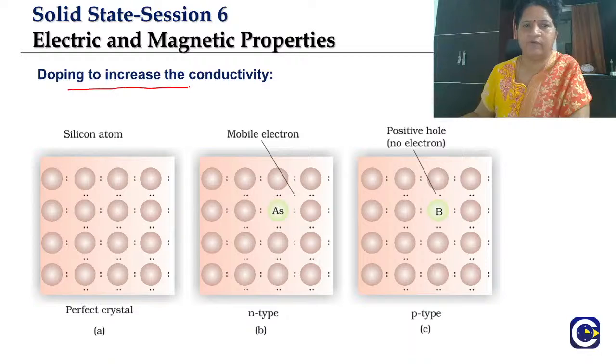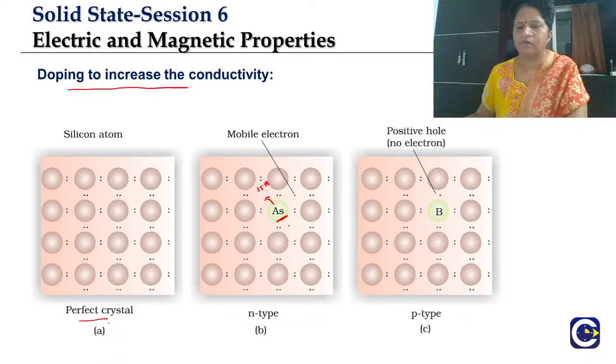Doping, we are adding to increase the conductivity. This one is without adding anything. Here we are adding arsenic. Arsenic is 15th group. So how many electrons will the 15th group have? 5 electrons. In silicon and germanium we have 4 electrons. Arsenic has 5 electrons.